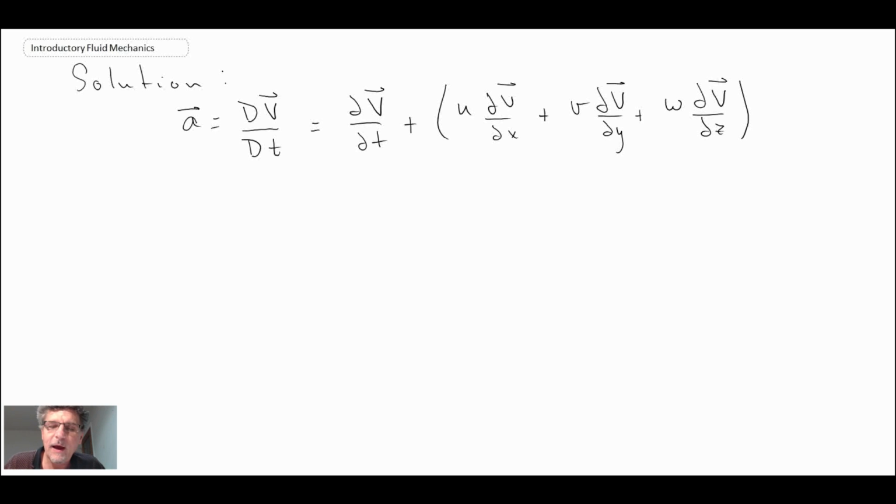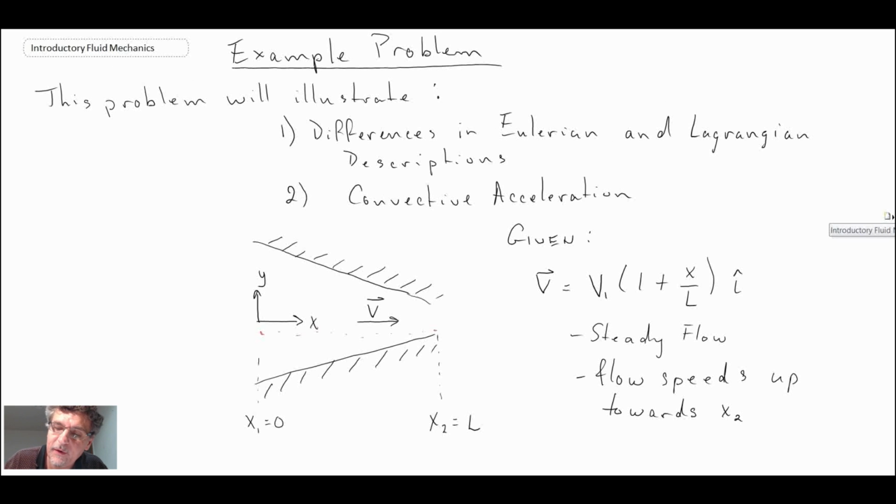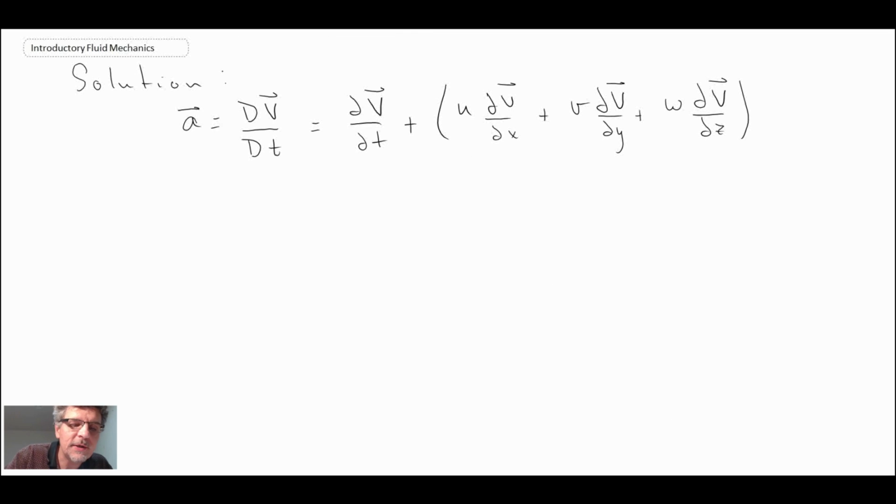So that's what we have. Examining this, there are a couple of things we can do right off the bat. First of all, if you look back at the formulation we had for the velocity, there was no time in this, and that means that it was steady, which is what we said here. So going back to our expression, this term goes away.